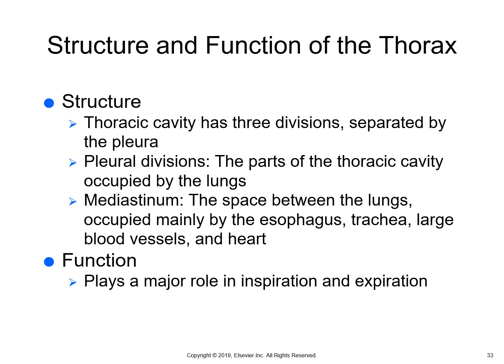All right, in terms of the structure and divisions, the thoracic cavity is divided into 3 compartments, and of course it's separated by what we call the pleura. So we have 2 pleural cavities, each containing a lung, and then of course we have the mediastinum, which is the central compartment.